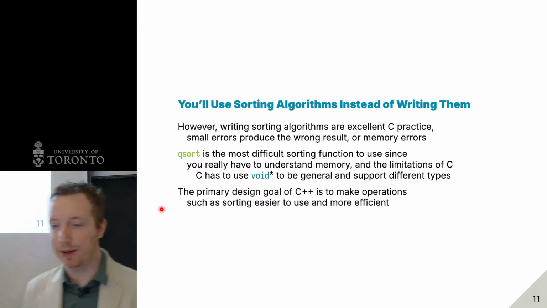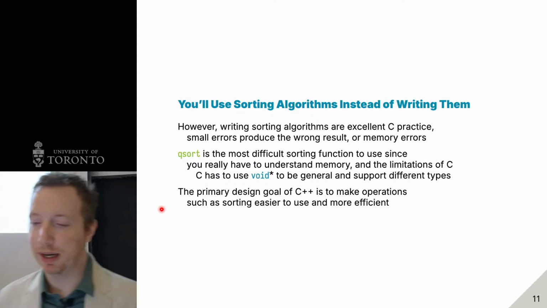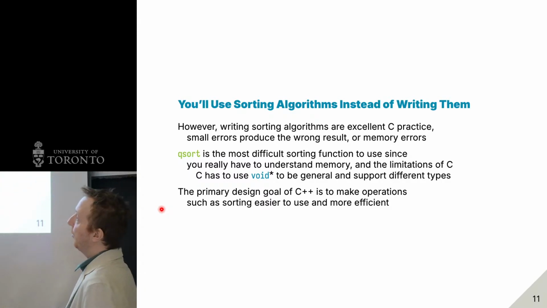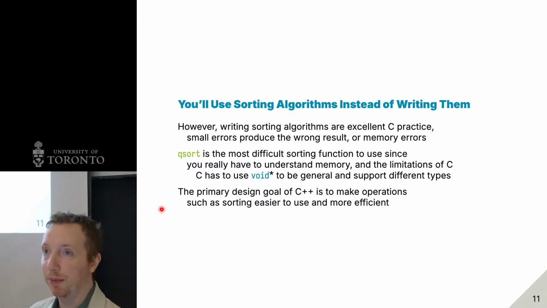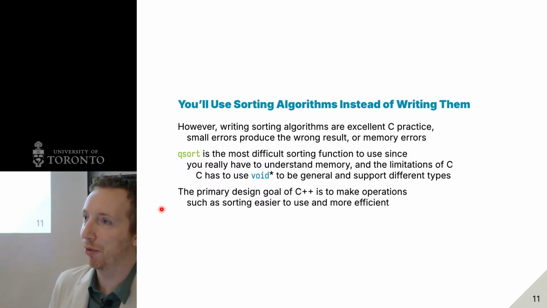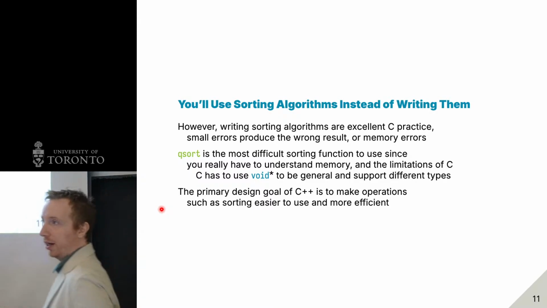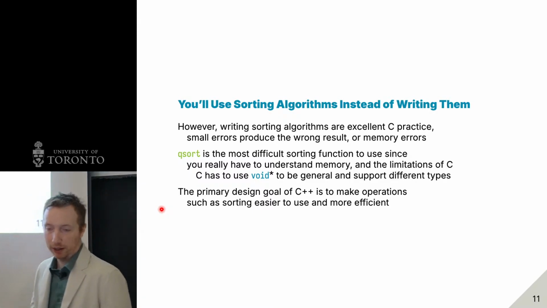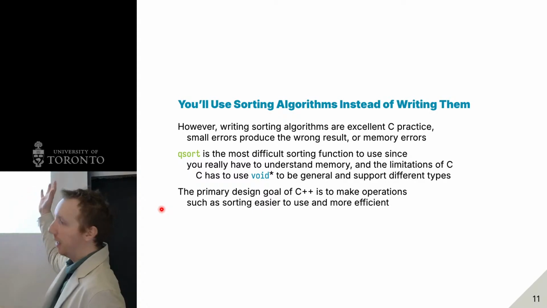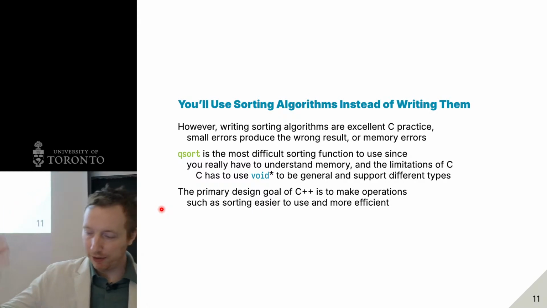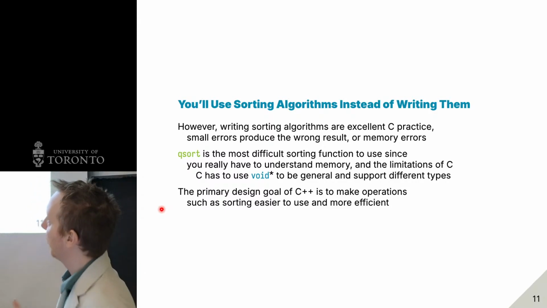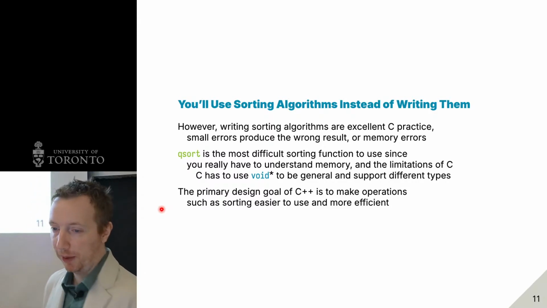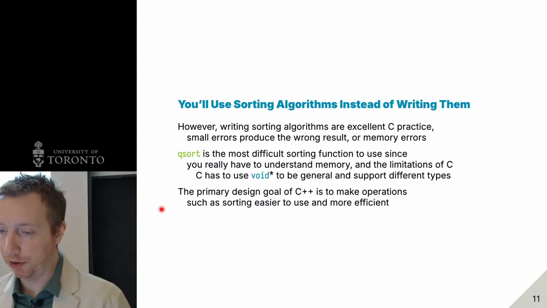The primary design goal of C++ was to make operations like sorting easier to use and more efficient. So you'll be able to do something like just array.sort, or in Python, you can do array.sort, and it will just magically work. But under the hood, it's going to do all the same compares and use all the same algorithms.